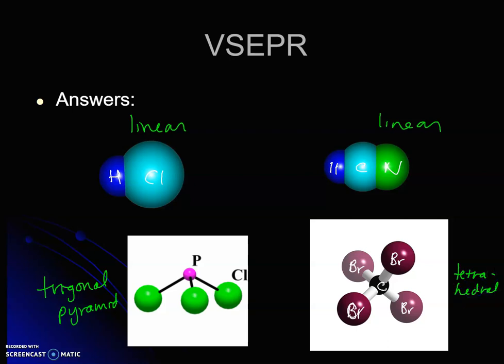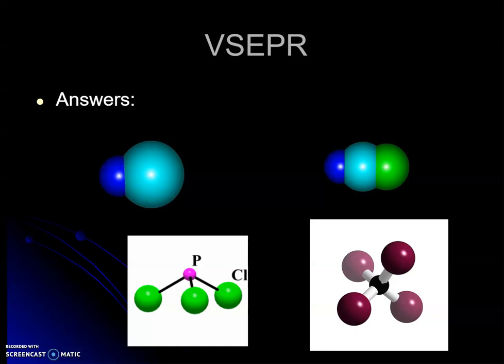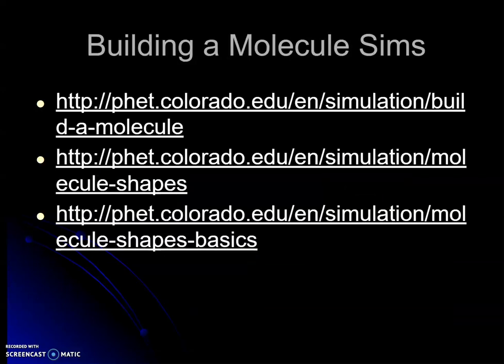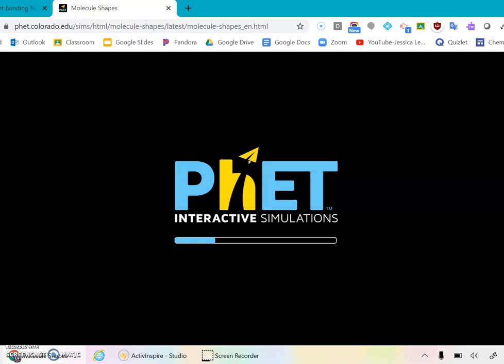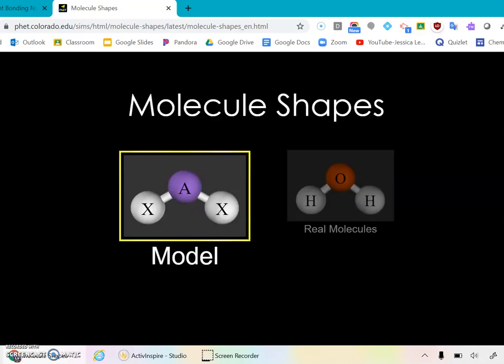All right, in my notes and on the website are these different build a molecule simulators from PhET Colorado. I would definitely take a look at them because they help you see what all these look like and how their positions change.